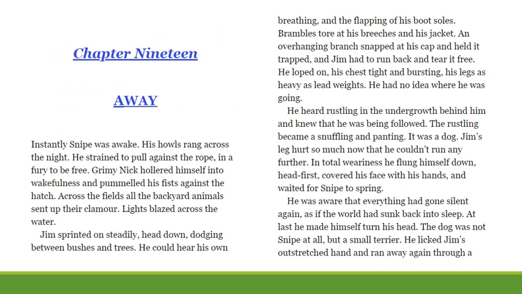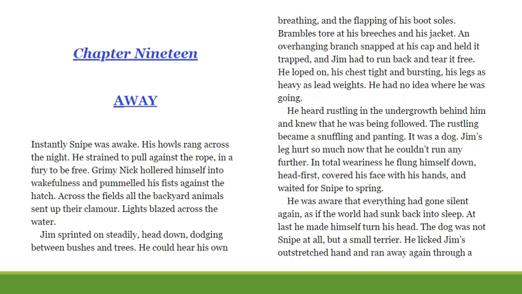Chapter 19: Away. Instantly Snipe was awake. His howls rang across the night. He strained to pull against the rope in a fury to be free. Grimy Neck hollowed himself into wakefulness and pummeled his fists against the hatch. Across the fields all the backyard animals sent up their clamour. Lights blazed across the water. Jim sprinted on steadily, head down, dodging between bushes and trees.